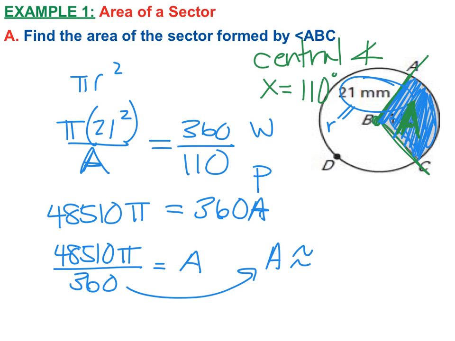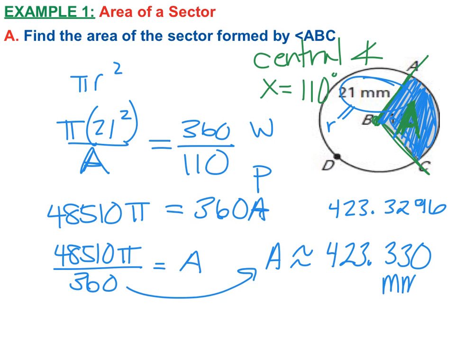And once you've done the work, you should come out with the area of that sector being 423.3296. So we're going to make sure we round correctly, and then our units are millimeters.